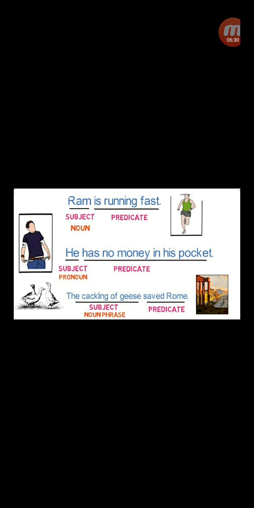It is a noun phrase. Saved Rome. Who saved Rome? The cackling of geese. So here cackling of geese is a subject and it is a noun phrase. And saved Rome is a predicate. So you know what it is? That the predicate starts with an action word, a verb.